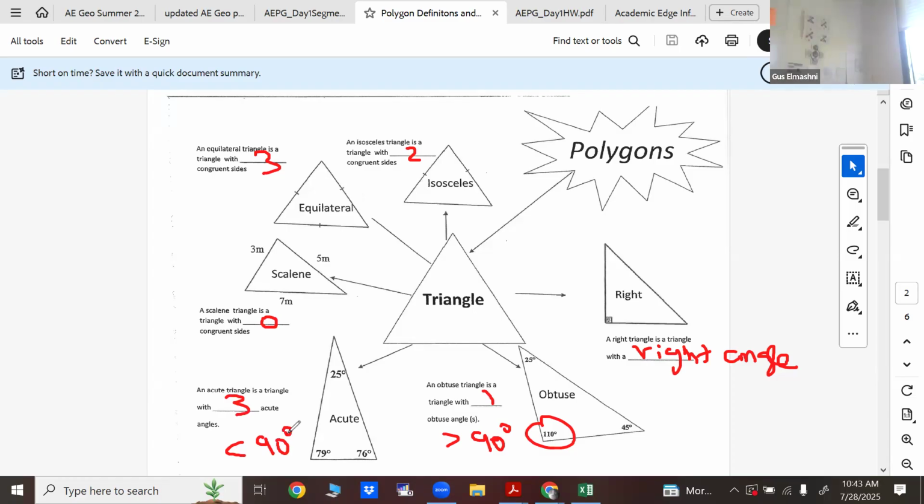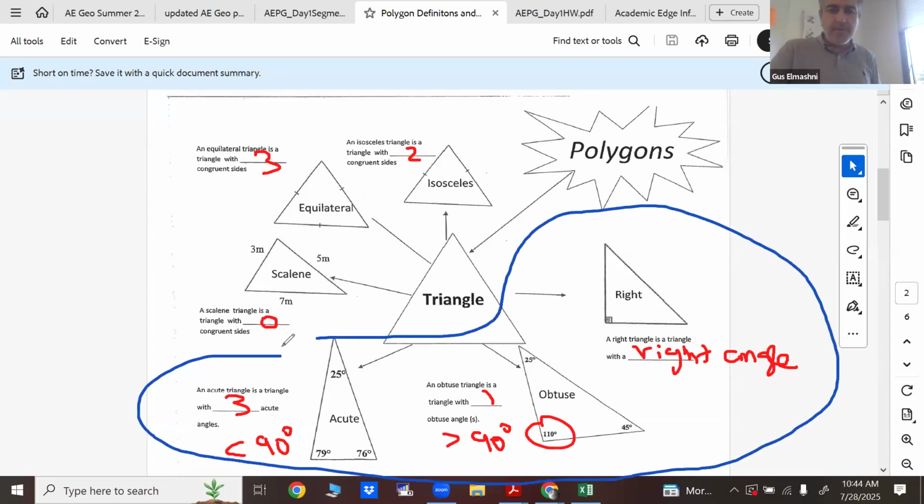So, by the way, a triangle can be right and isosceles. They got both classifications. These classifications, just so you know, these 3 right here deal with angles.